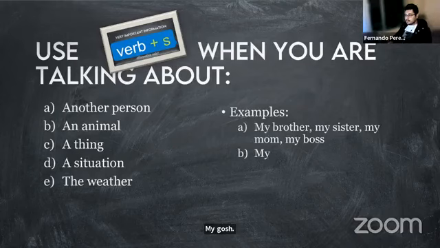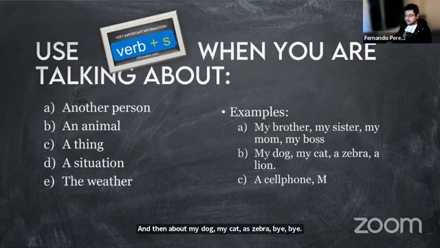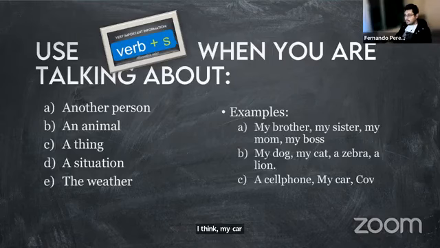An animal: my dog, my cat, a zebra, a lion. A thing: a cell phone, my car, COVID-19.